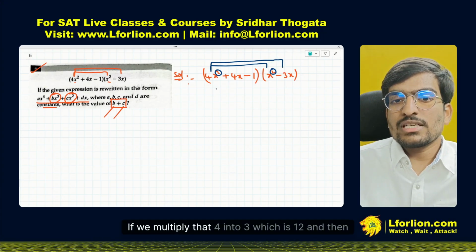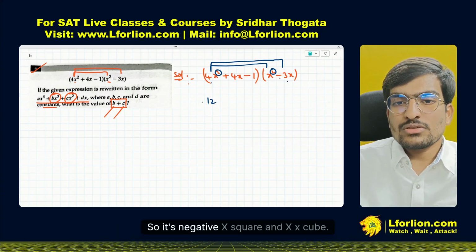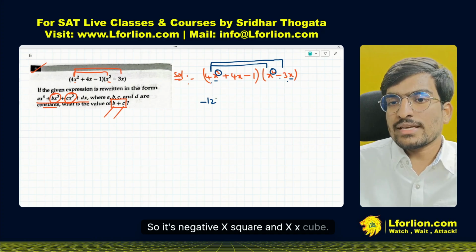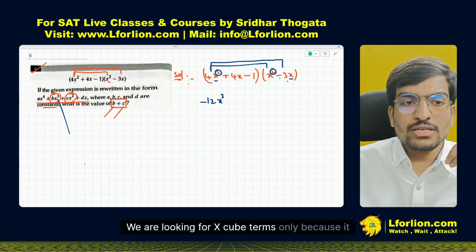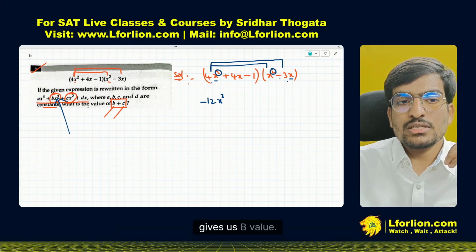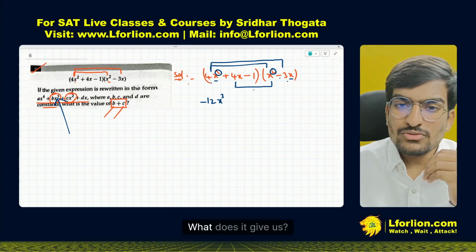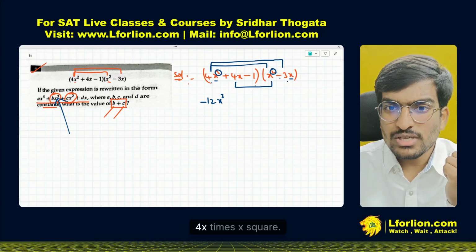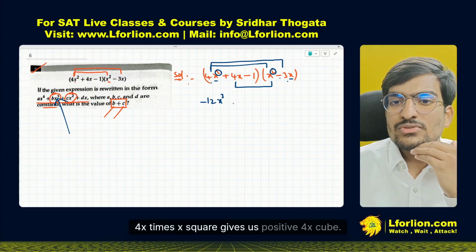If we multiply 4 into 3, which is 12, and then negative is there, so it's negative 12x cube. We are looking for x cube terms only because it gives us b value. Now just go for this one and this one. Does it give us x cube? Yes, 4x times x square gives us positive 4x cube.